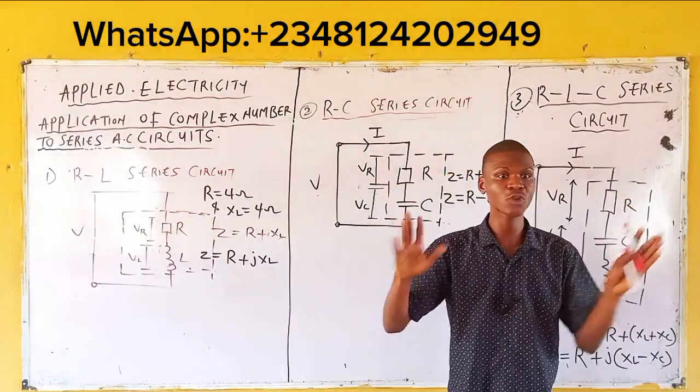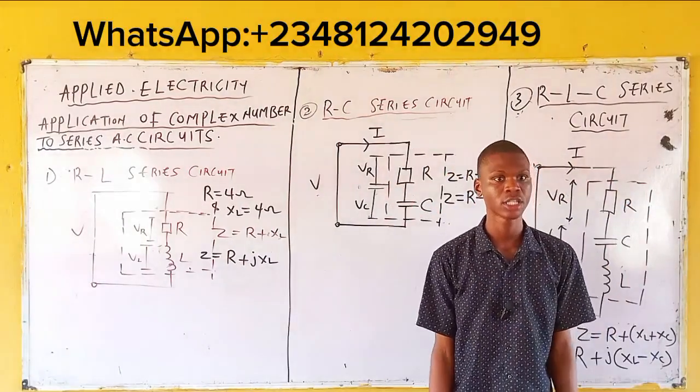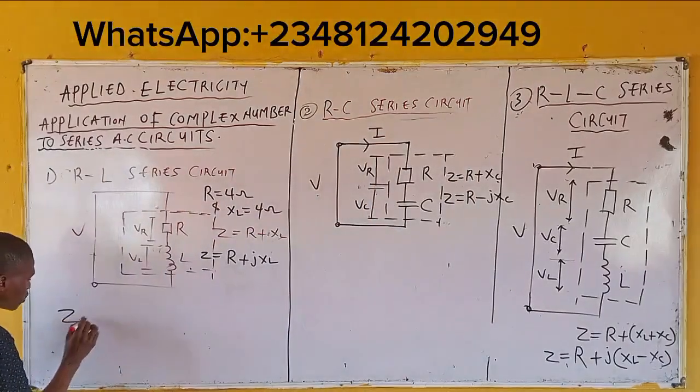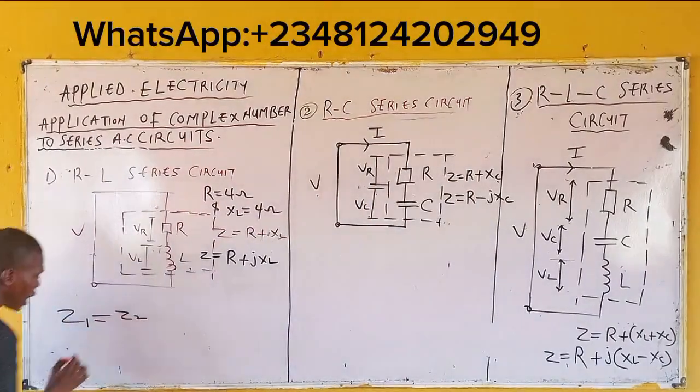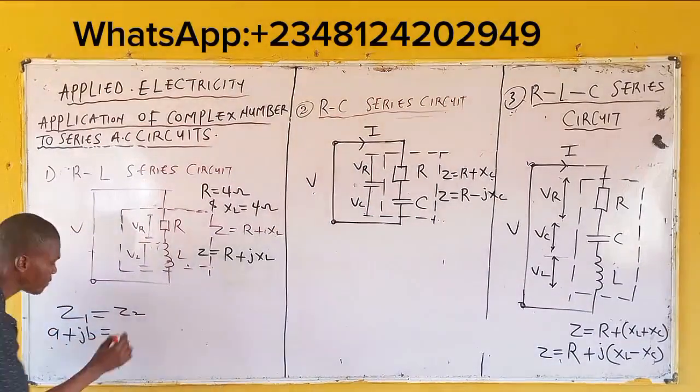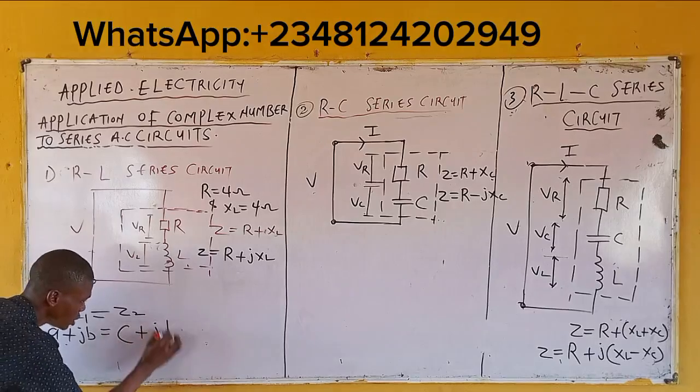Do you recall what equal complex number says? It's just like your algebra. Say Z1 equals Z2, where Z1 is defined as A plus jB and Z2 is defined as C plus jD.